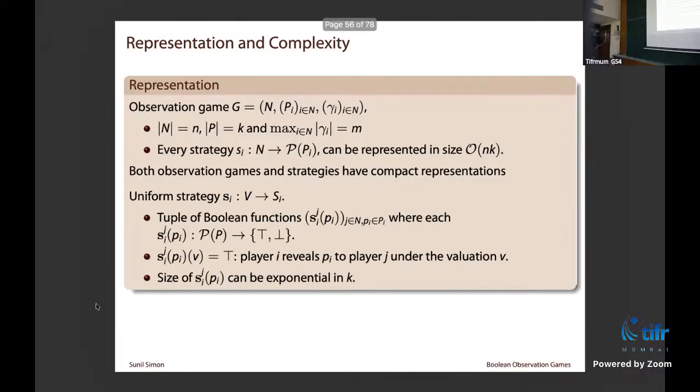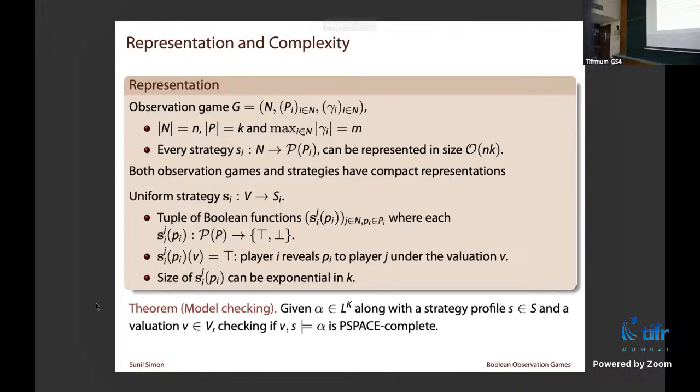But a uniform strategy is more complicated, because it's a function from the set of valuations to the set of strategies. You can encode this object as a Boolean formula, but that formula will be exponential. So strategies are fine, they have a compact representation, but uniform strategies do not.